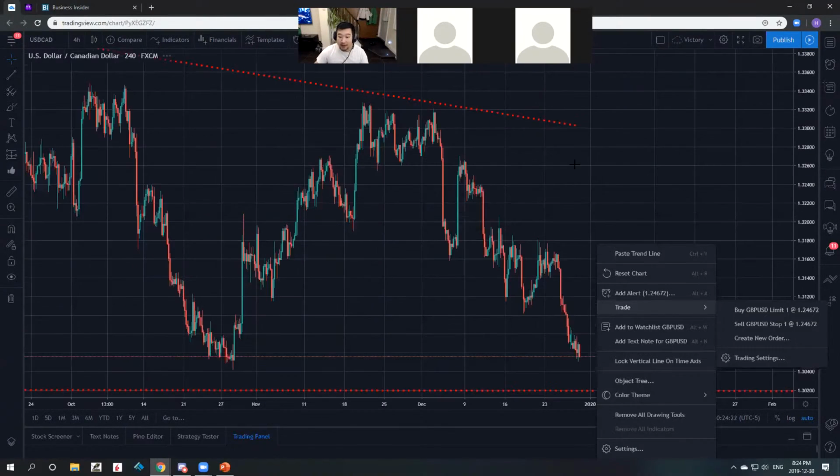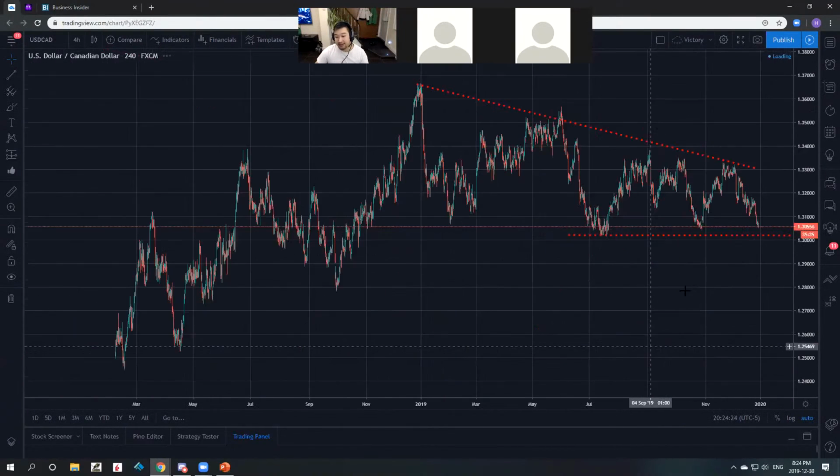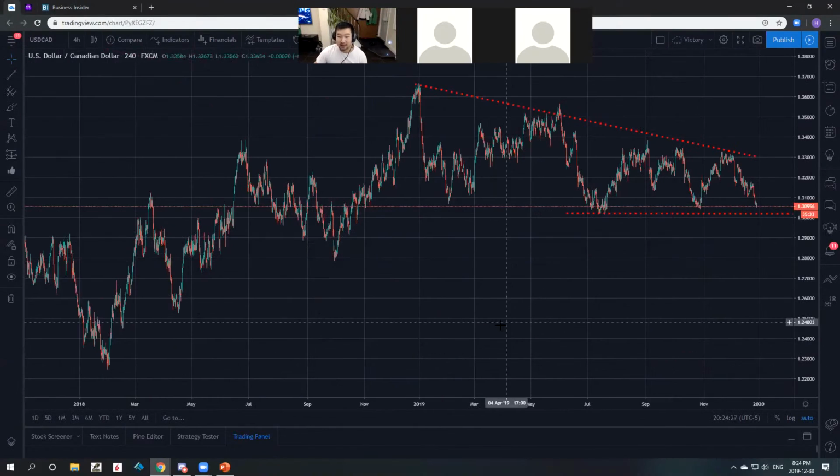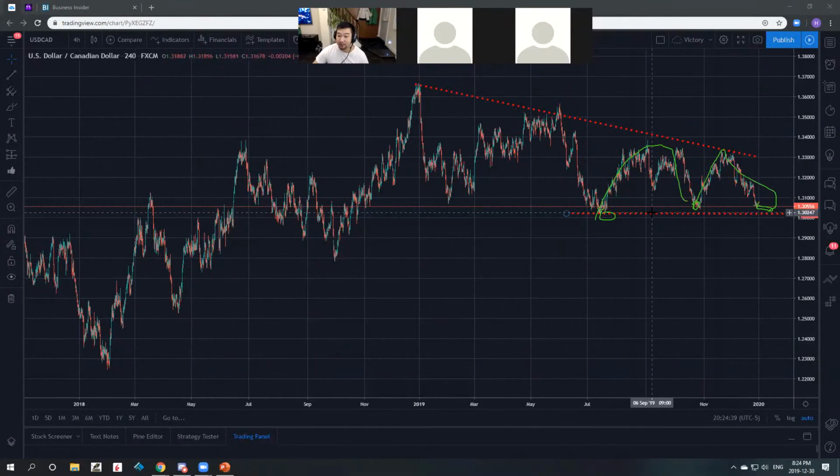And then another one that I'm looking at right now is this trade right here on USD CAD. You can see how the market went and tested here, 1, 2, and now we're testing a third time, right? And guess what?